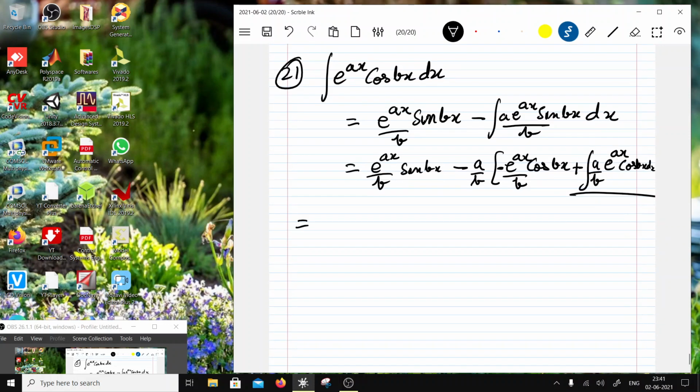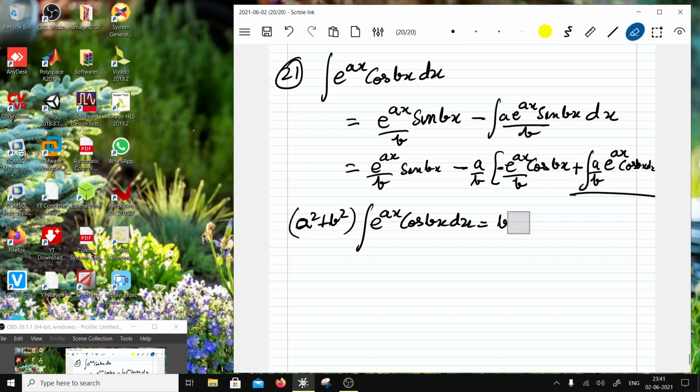I would have a square plus b square times integral, b square common, multiply both sides, right? Integral e raised to ax cos of bx dx would be equal to b times e raised to ax sine of bx, plus a times e raised to ax cos of bx.